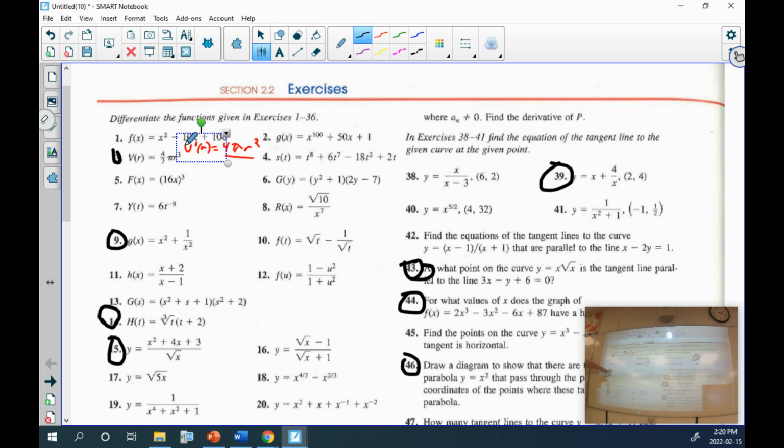Okay, what's the first step in taking the derivative of g of x in number 9? Before you start to think about taking the derivative, Dylan, what do you think?